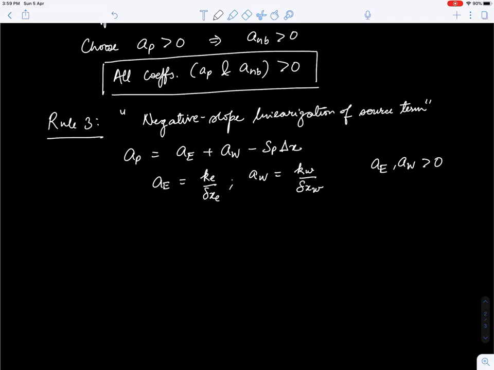But the second rule says that not just the neighbors, the coefficient itself, the coefficient of the nodal value on which the equation is being written, which means P, even AP should be greater than 0, right? But AP, as we see, is AE plus AW minus SP delta X. So AP can still be less than 0 for some values of SP.